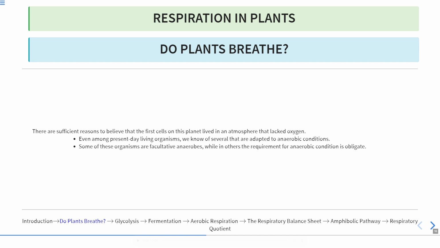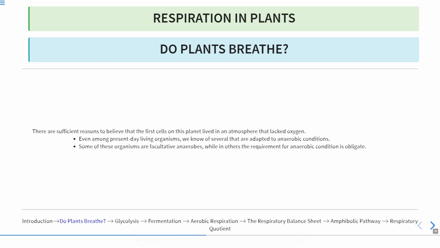It means that they go for anaerobic respiration when oxygen is not available. But when oxygen is available, they start doing the process of aerobic respiration. Those are facultative anaerobes. Obligate anaerobes means they never take oxygen for the process of respiration.